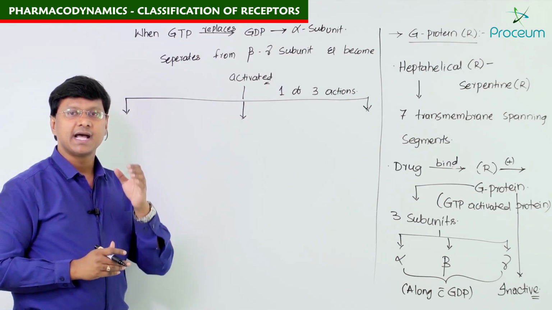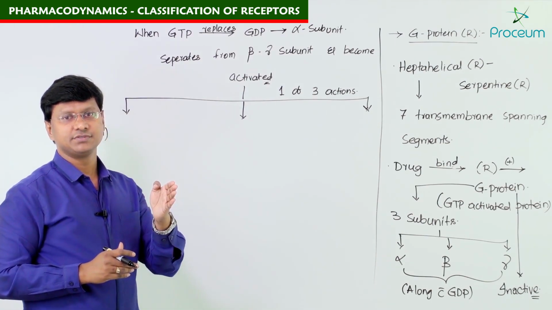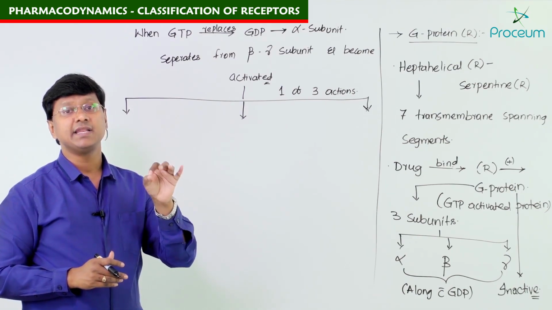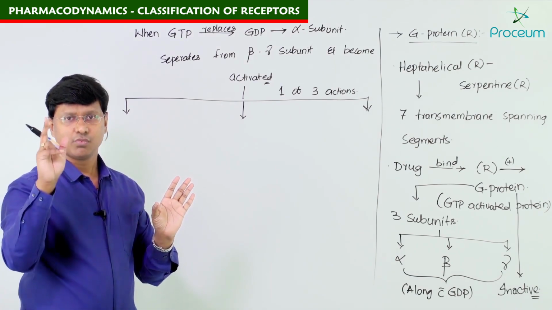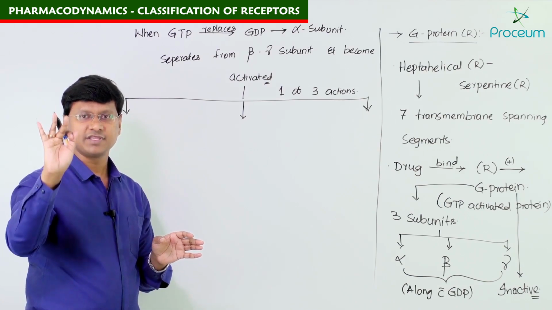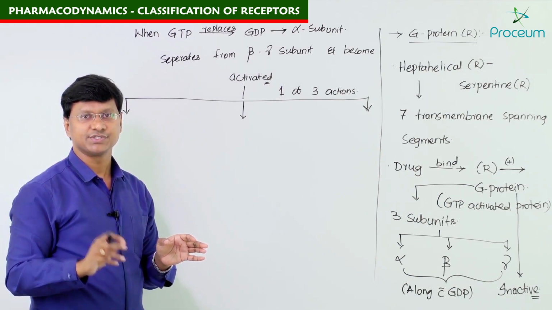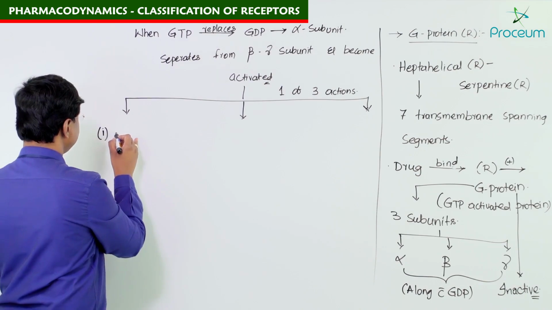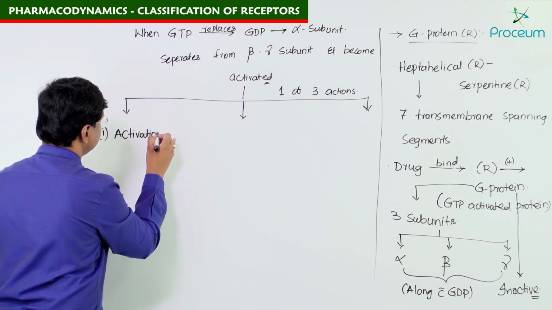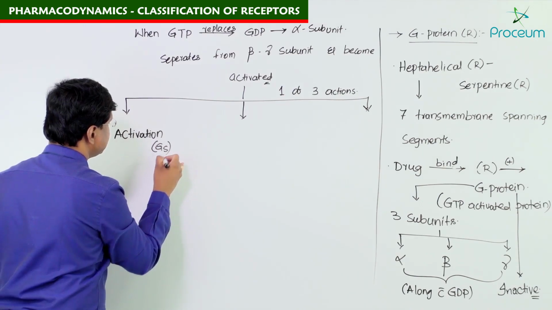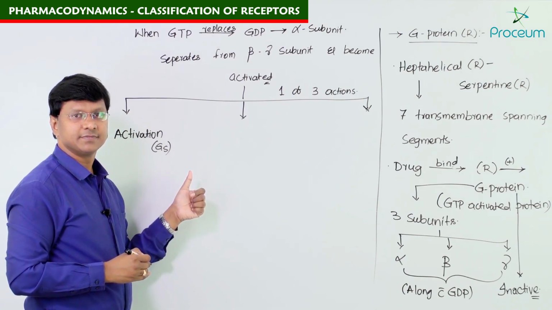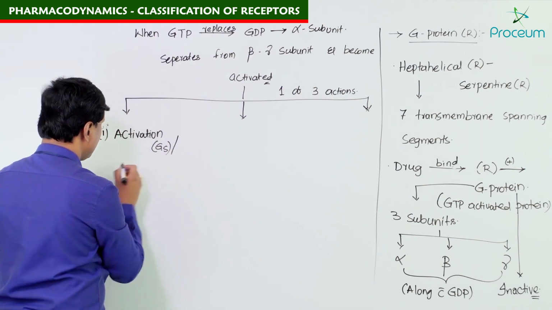Number one, the first one is either activation or inhibition of the enzyme adenylyl cyclase. Activation is by GS, that is, G protein coupled receptor stimulated.